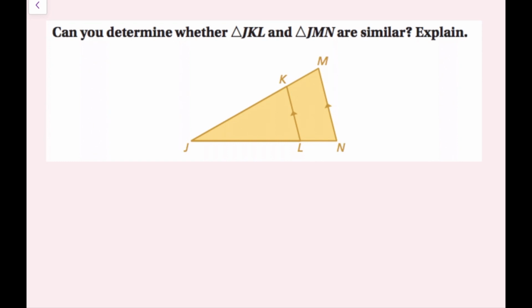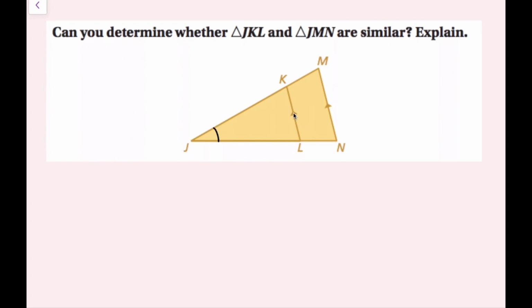Because once again, if we have our two pairs of angles, then we know that last pair of angles also has to be congruent. Anyway, I see that I have angle J in both of these triangles right here. So angle J is going to be congruent to angle J. So I know I already have one angle.